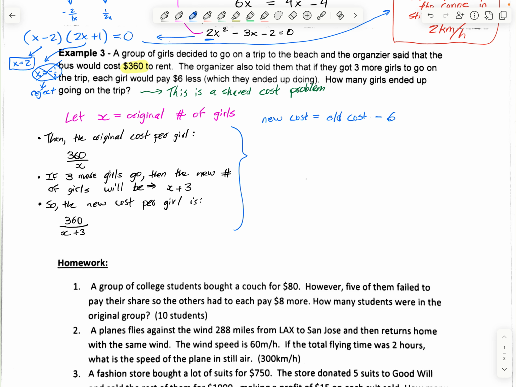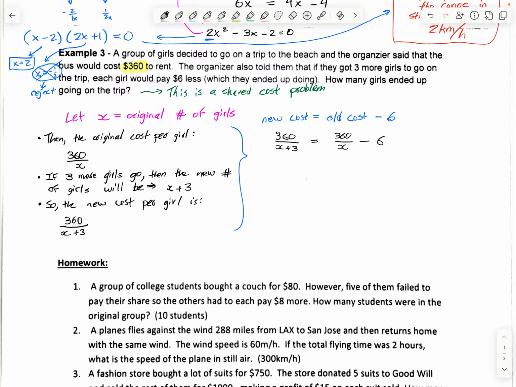So the new cost per girl is going to be 360 divided by x plus 3. That's going to equal the old cost, 360 divided by x, minus 6. And that is my equation, right?